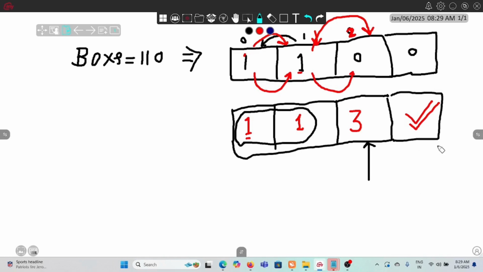So it would be 3 plus frequency 2. 3 is the answer at index 2, so 3 plus the frequency of ones on the left side of this, which is 2. So we add that frequency 2.